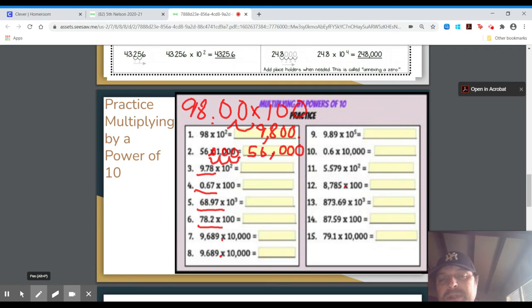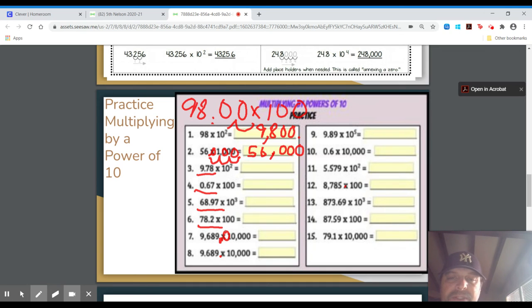This one, 78.2, has the decimal right there. Number 7 does not have a decimal point, so you have to put it at the very end of the number. If it's a whole number, it always goes at the end. That would be 9,689 point. Now, if there's nothing after it, you could put a 0.0. It won't change the value of the number.